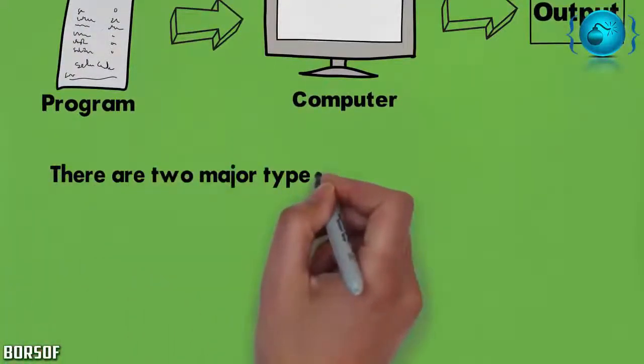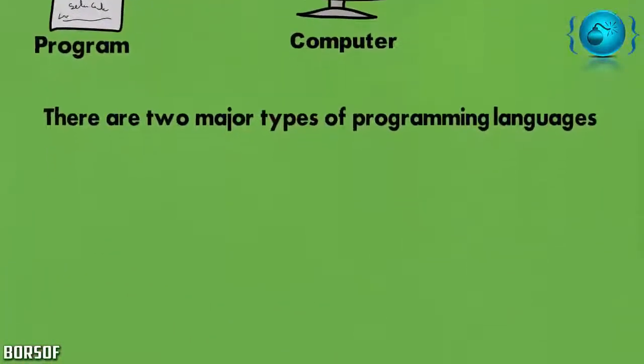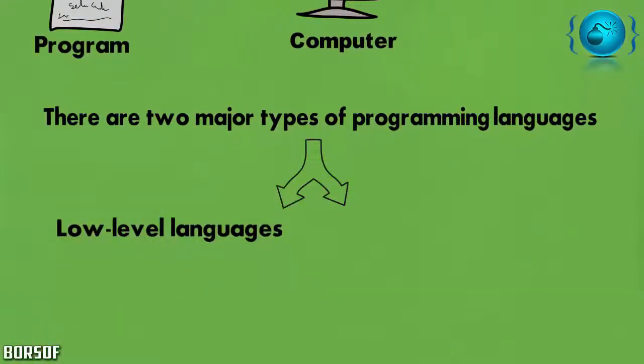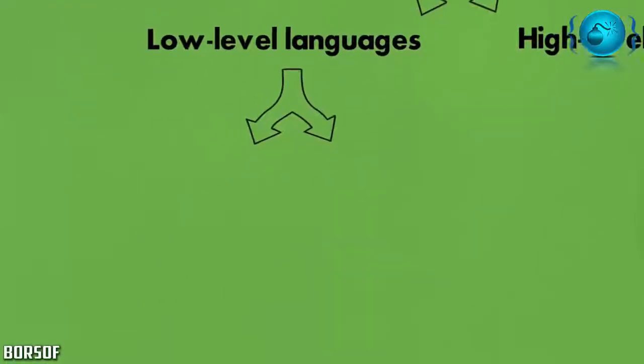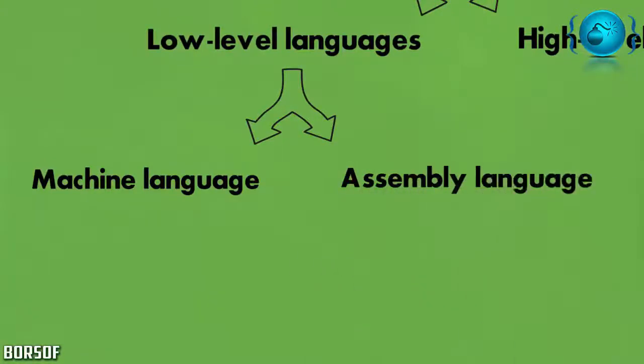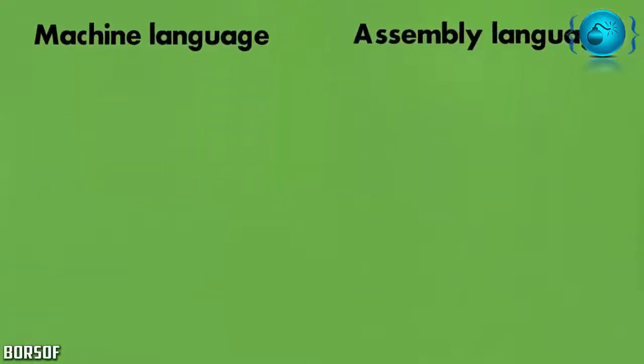There are two major types of programming languages: low-level languages and high-level languages. Low-level languages. There are two categories of low-level languages: machine language and assembly language.